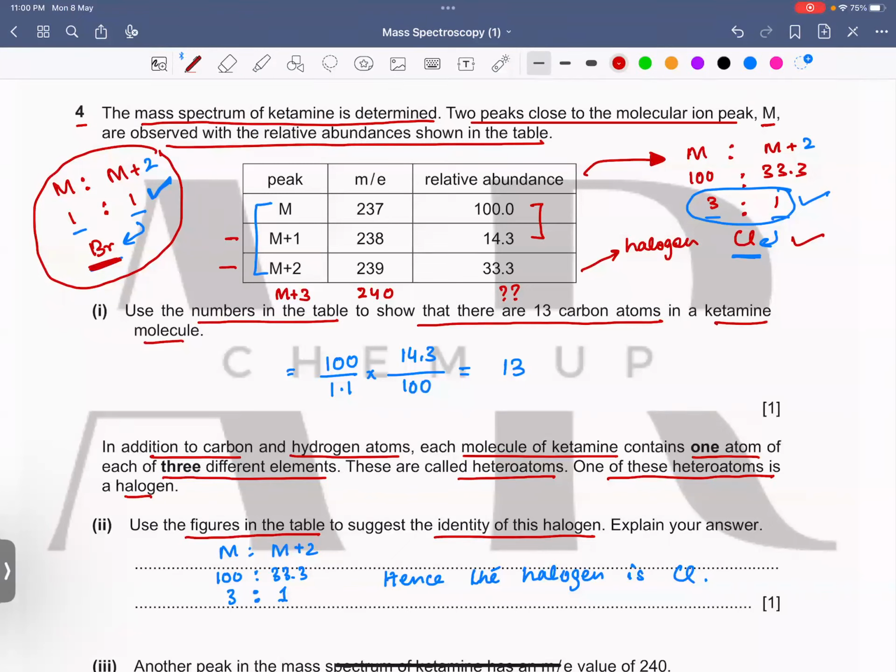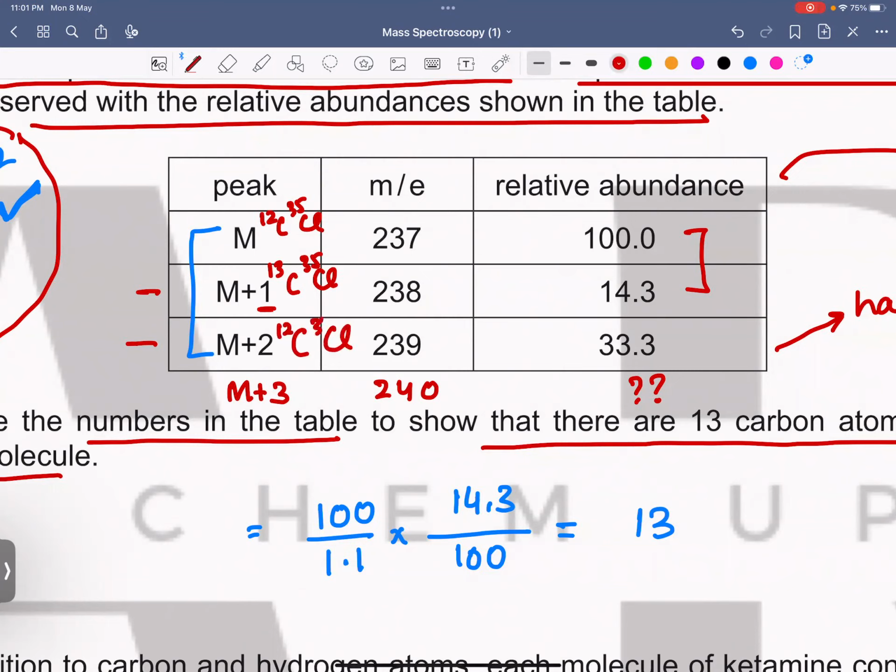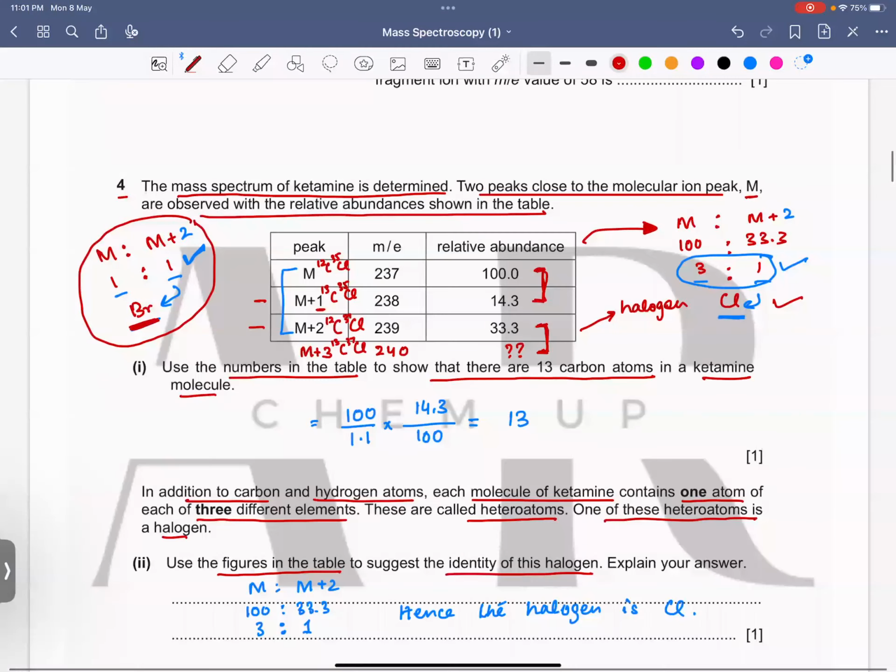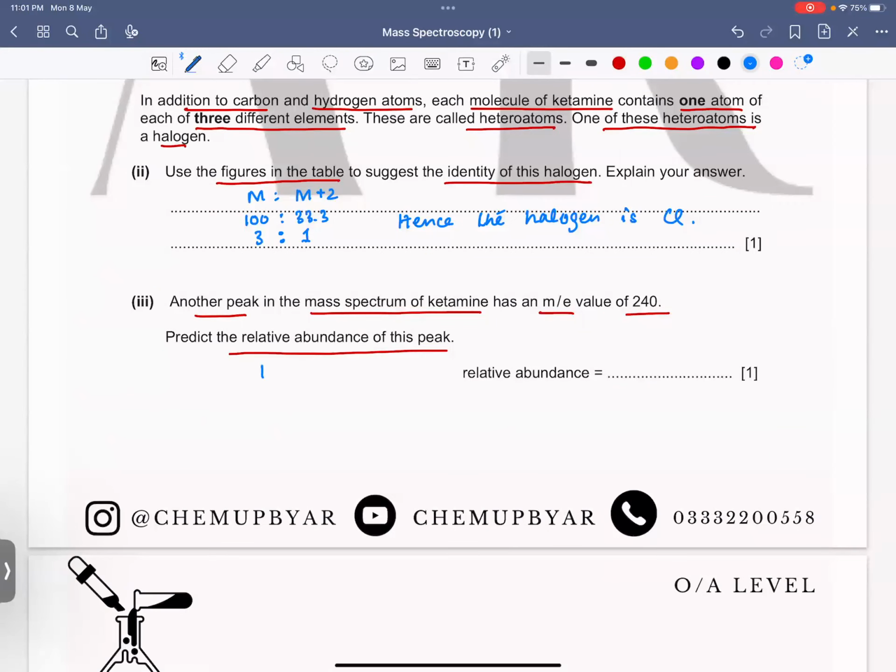That's why 1 unit is raised. This is due to carbon 12 and chlorine 37, which means this would be due to carbon 13 and chlorine 37. So these two peaks exist in the same ratio as these two peaks. So we can relate this, that 100 is to 14.3 if I'm not wrong.